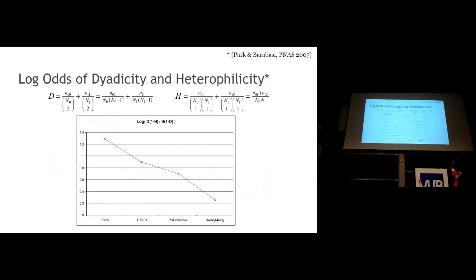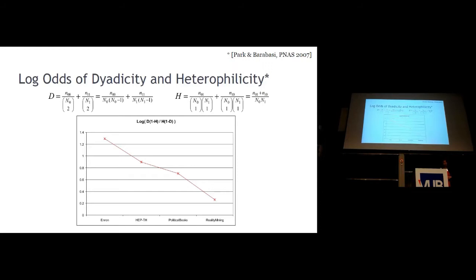It's negative autocorrelation. I'm giving you a sampling of what people use to measure relational dependency in these networks. The one that I actually like was a Proceedings of the National Academy of Sciences paper that came out in 2007 by Park and my colleague Laszlo Barabasi at Northeastern University, which measures dyadicity and heterophilicity.